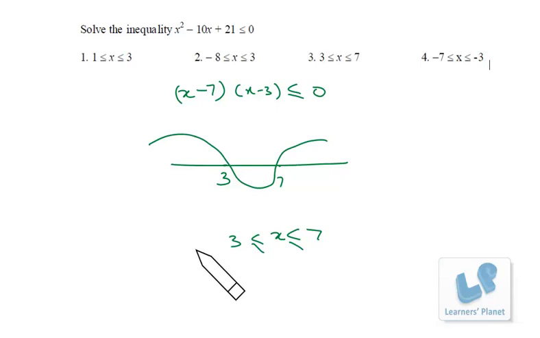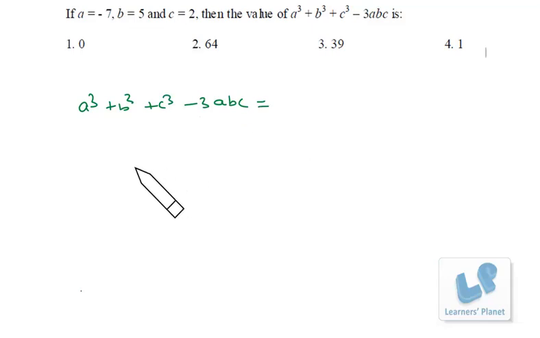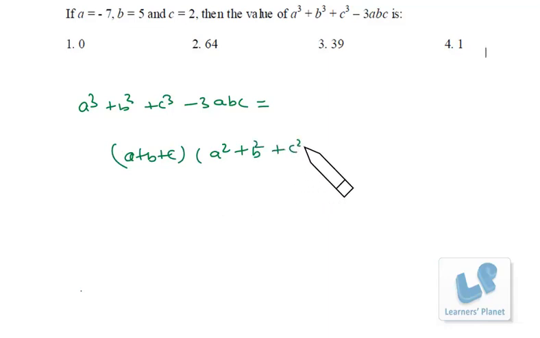Okay, I take the next one. If a is equal to minus 7, b is equal to 5, c is equal to 2, then find the value of a cube plus b cube plus c cube minus 3abc. We have already discussed this formula so many times. a cube plus b cube plus c cube minus 3abc is equal to (a plus b plus c)(a square plus b square plus c square minus ab minus ac minus bc), right?